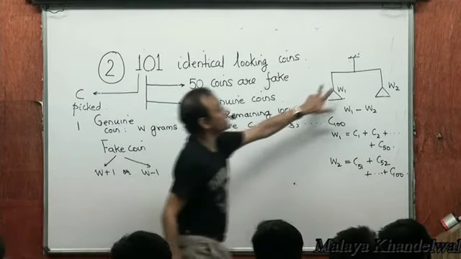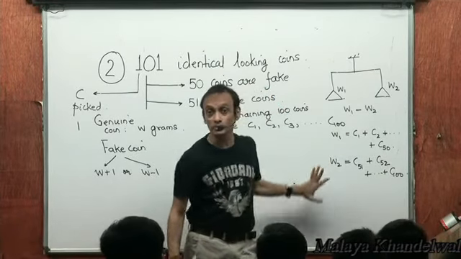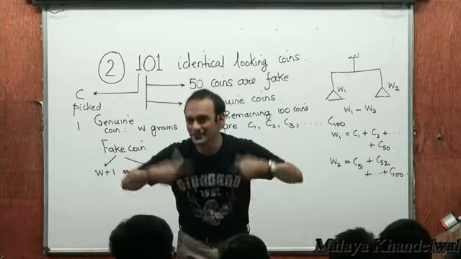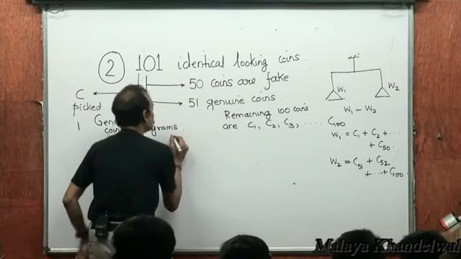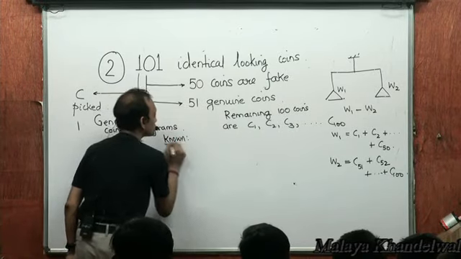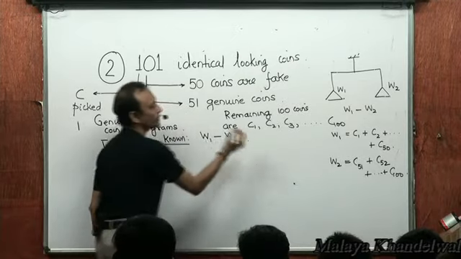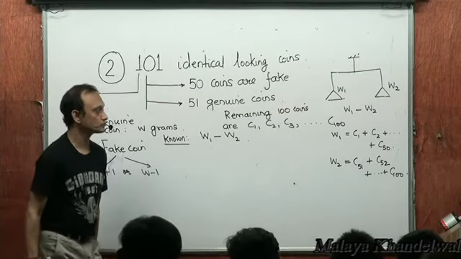Now, there is some calibration here which will give me W1 minus W2. So I would have knowledge of W1 minus W2. What is known to me is W1 minus W2.